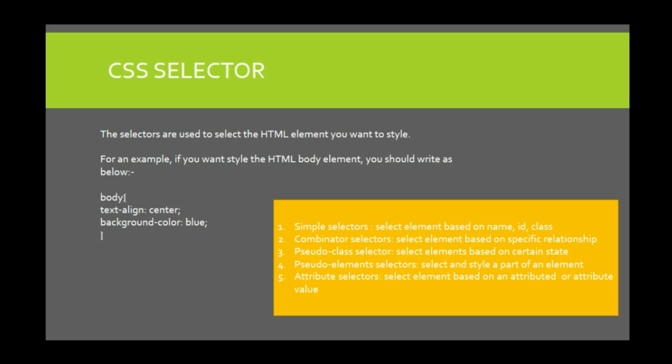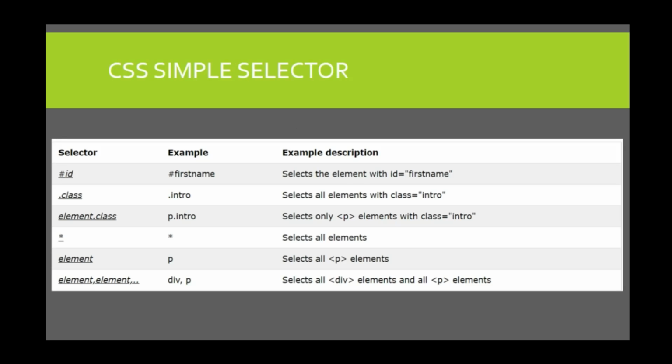Number 3, the pseudo-class selector, selects elements based on a certain state. Number 4, the pseudo-element selectors, select and style a part of the element. And number 5, attribute selectors, select elements based on an attribute or the attribute value.